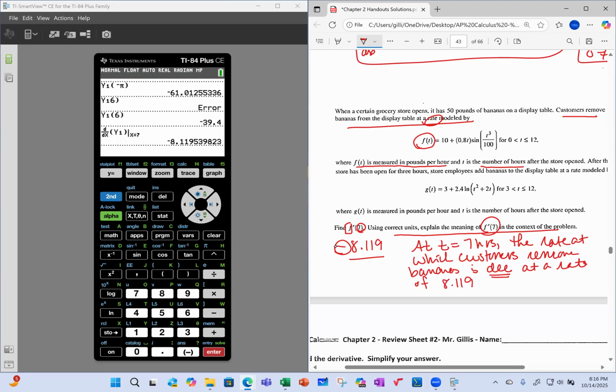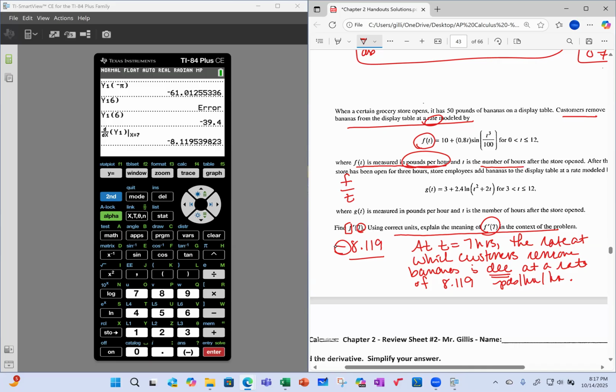Don't say a double negative. And the units of a derivative are very clear. It's the units of f divided by the units of the input, which is t. What's f measured in? Pounds per hour, per hour.